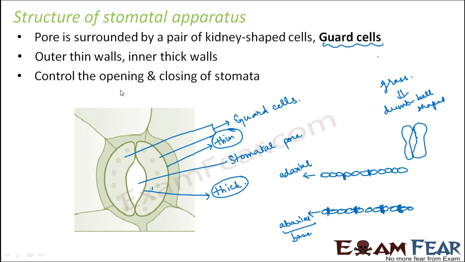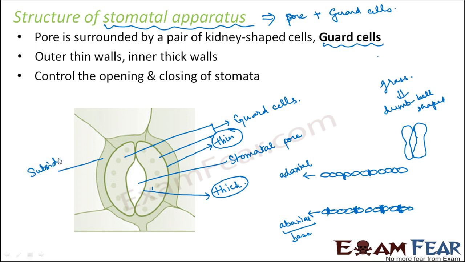Now again, one more thing, when we say stomatal apparatus. So what is stomatal apparatus? The stomatal apparatus includes the stomatal pore plus the guard cells. So everything all together, the entire package together, is known as the stomatal apparatus. Not only the pore and the guard cells, but also the outer tissue. Here you also see a cell. Even outside the guard cells, these cells are known as subsidiary cells.